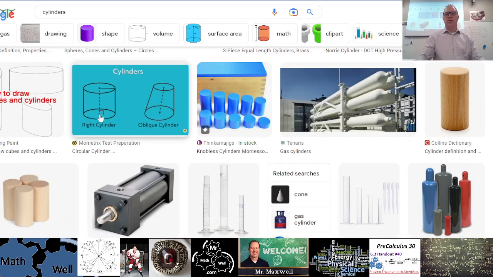A right cylinder has a 90-degree angle formed by the top and the bottom along with the side edge. You see that, 90 degrees. This is called an oblique cylinder if it's tipped over and the angles between the base and the side are not 90 degrees at all. So we're only going to talk about right cylinders here today.